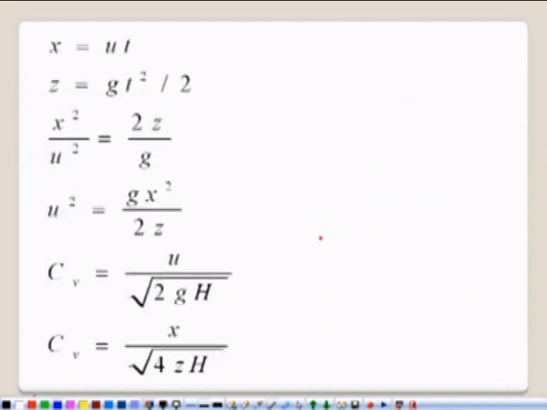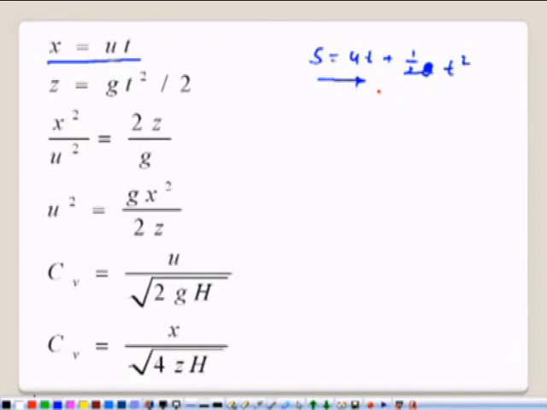Now, we know that x is equal to ut, where u is the velocity of the jet in x direction. So, x is equal to u into t, and we have studied that s is equal to ut plus half at square or gt square.